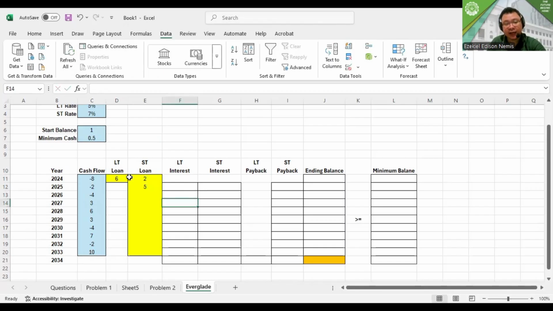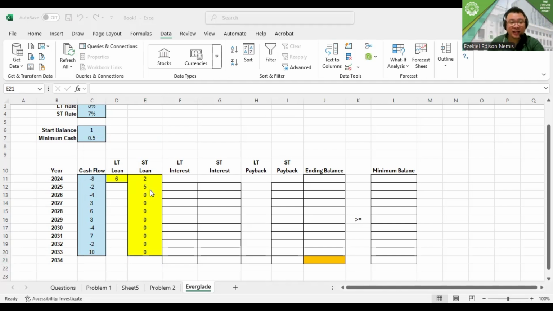Where did I get this? This was also given to us in the last question, at 2 and 5. Then let's put zeros in the rest, because we still don't know the possible short-term loans in the long run. All of what you are seeing right now are given data.